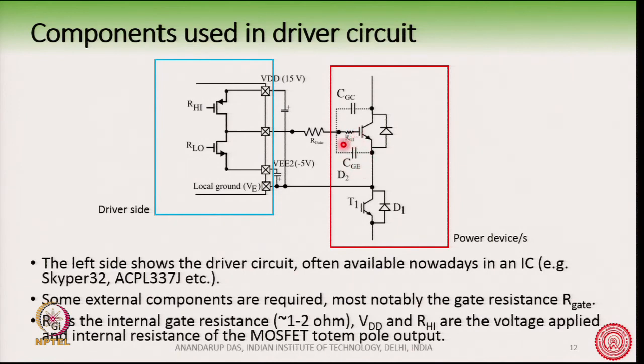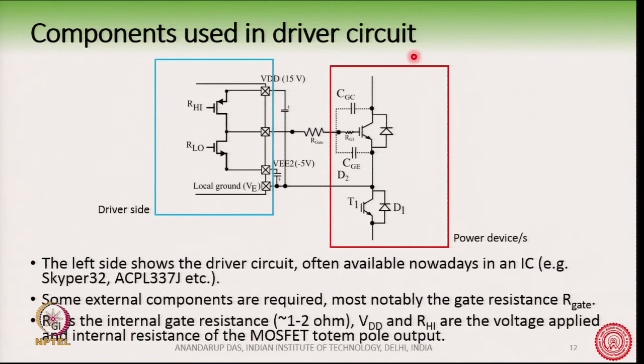And this is the driver side. In this driver side we have the totem pole MOSFETs and some additional components like these capacitors and this gate resistor, which we have inserted as an external component.